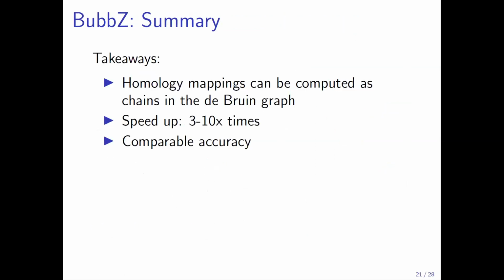So to conclude, homology mappings can be computed as chains in the De Bruijn graph using the traditional chaining approach, with maybe a slightly more efficient data structure. And it allows to achieve considerable speed up of 3 to 10 times, depending on the number and the length of the genomes, and it has comparable accuracy to the competing approaches.